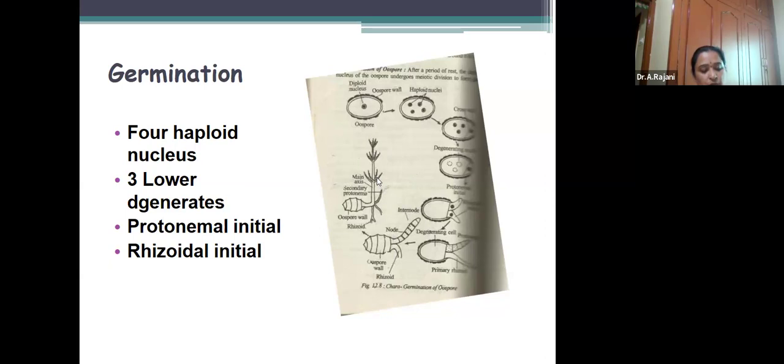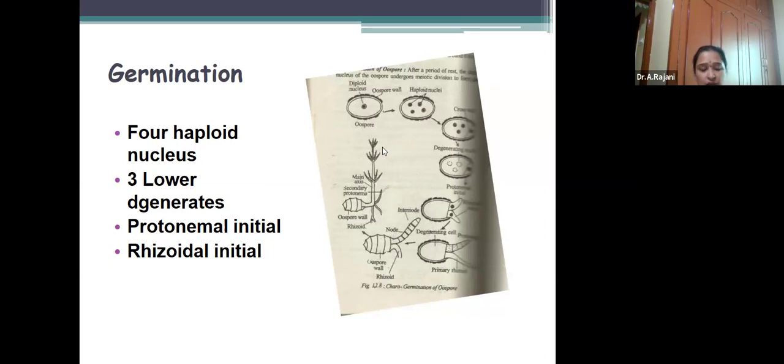The primary protonema differentiates into nodes and internodes. The secondary rhizoids arise from the peripheral cells of the basal node. The peripheral cells of the upper node give rise to the lateral branches.